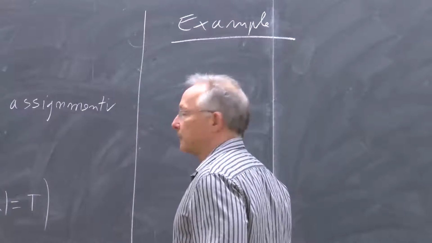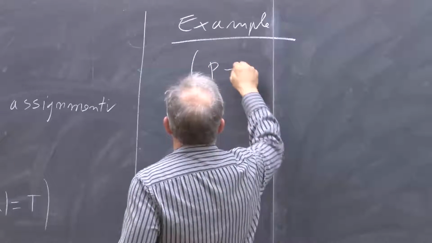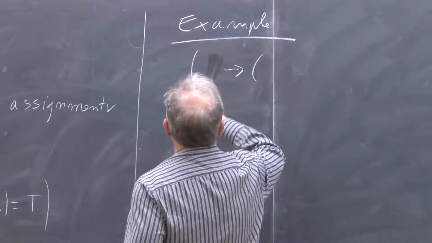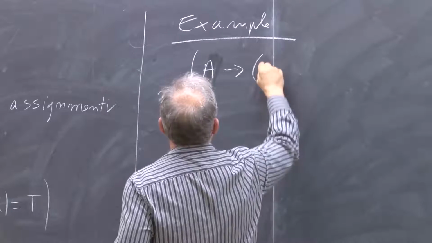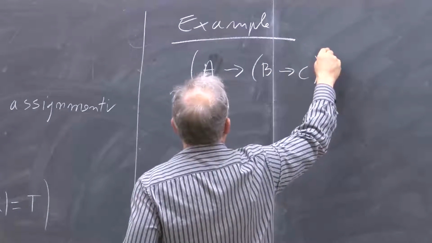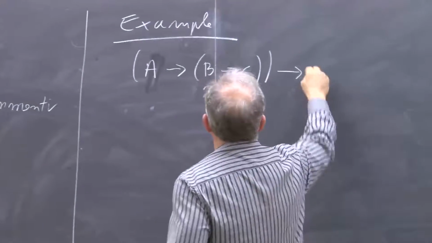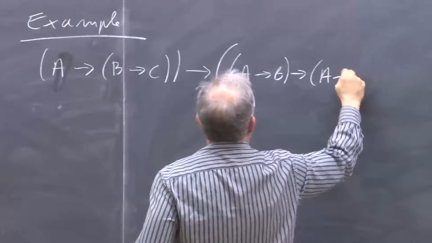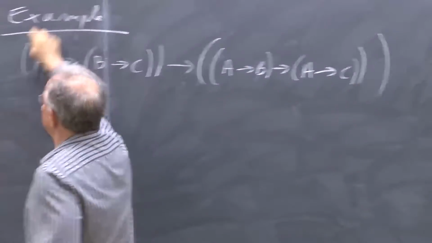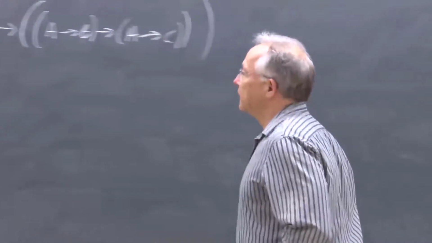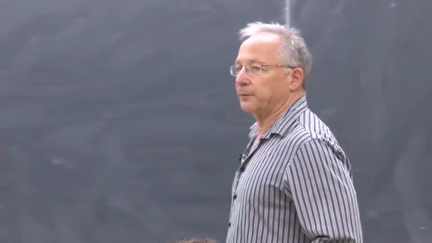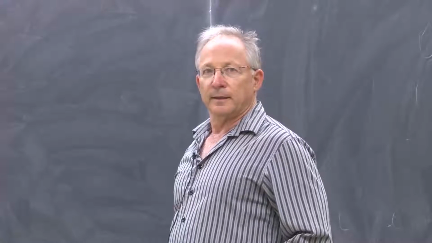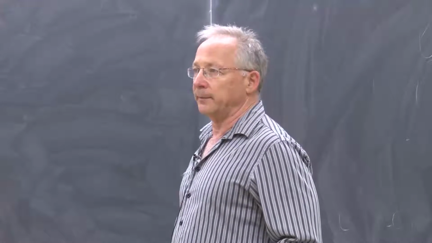Let us look at the formula A arrows B arrows C, arrows A arrows B, arrows A arrows C. So what it says basically is that if A implies that B implies C, then if A implies B, A implies C. So how do we check if this is a tautology?